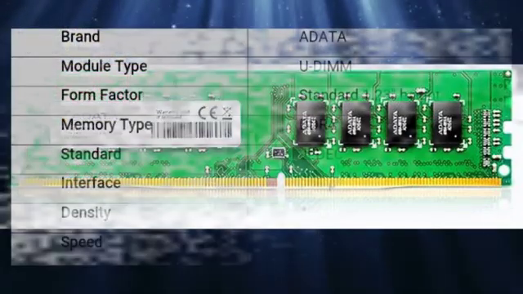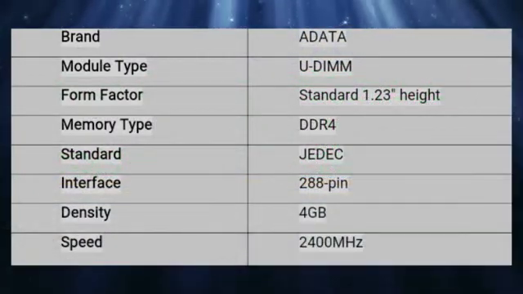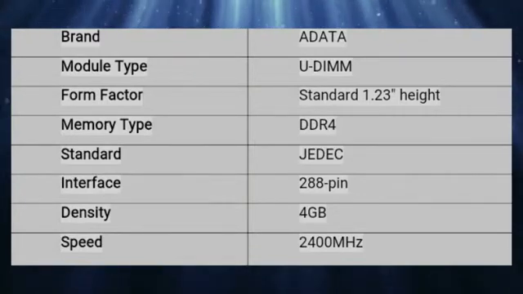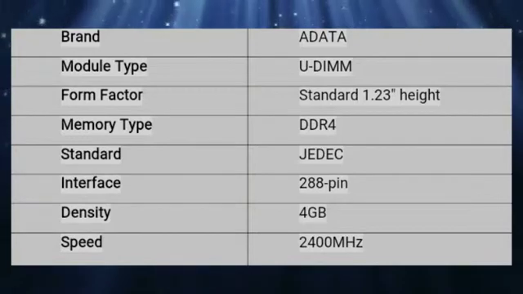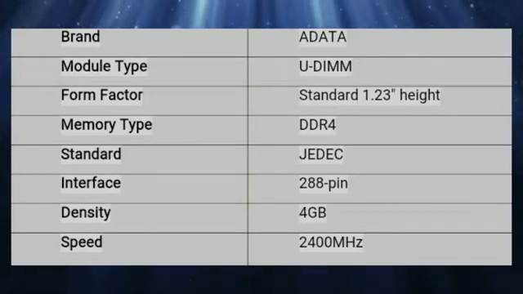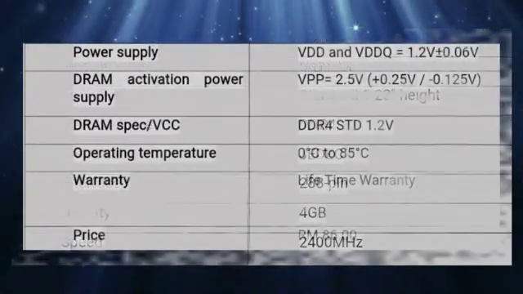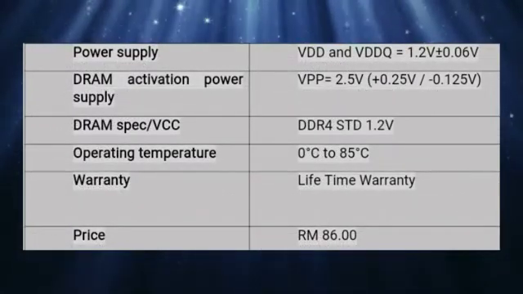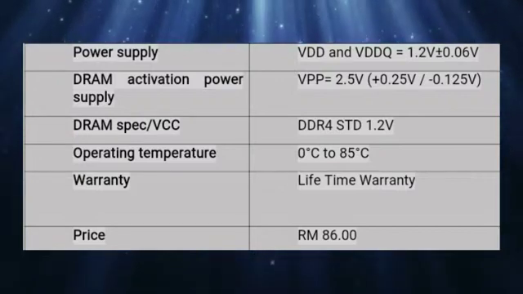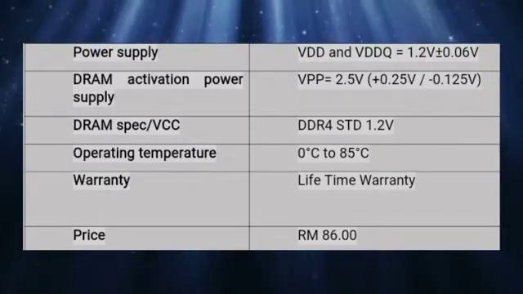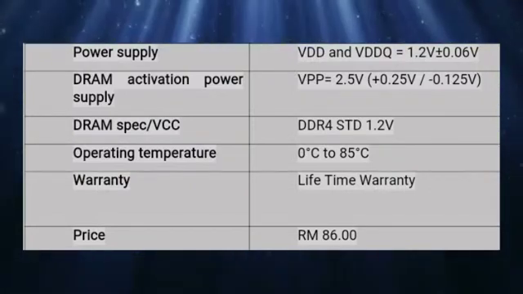The specification: the brand is ADATA, module type is UDIMM, form factor standard 1.23 height, memory type DDR4, standard JEDEC, interface 288 pin, density 4GB, speed 2400 MHz, power supply VDD and VDDQ, DRAM activation power supply VPP 2.5 volt, DRAM spec DDR4 standard 1.2 volt, operating temperature 0 Celsius to 85 Celsius, warranty lifetime warranty, and the price is RM86.